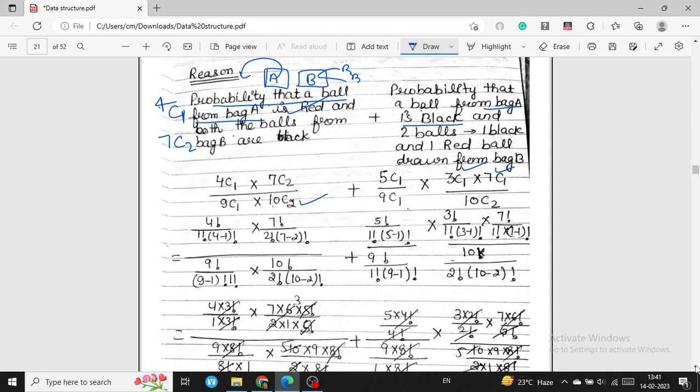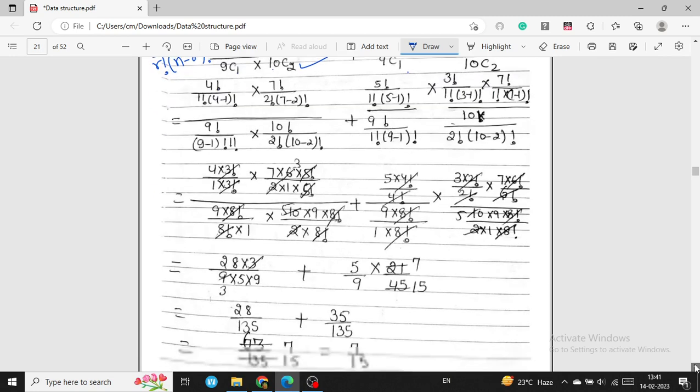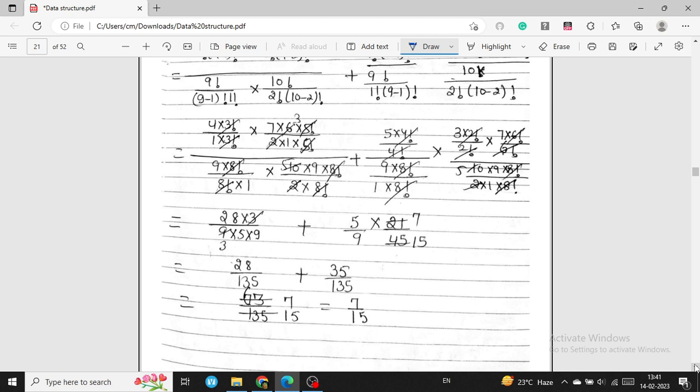Now you have to solve this combination. The formula taken here is n factorial over r factorial times (n minus r) factorial, where this is r and this is n. Put the values in this formula, and you can find the result after solving; I have solved it in detail.